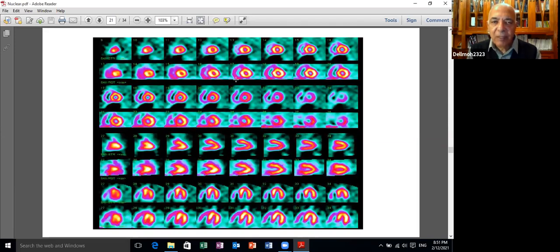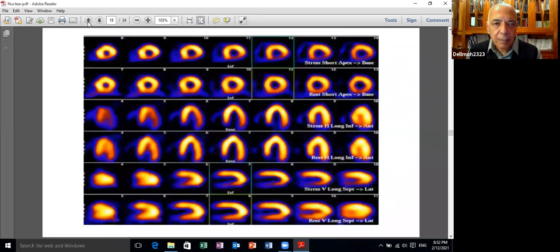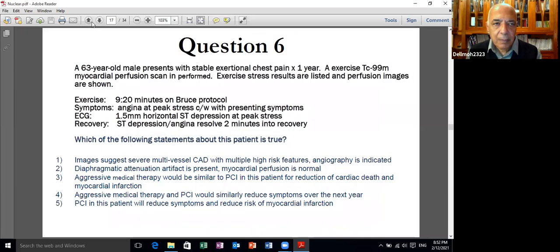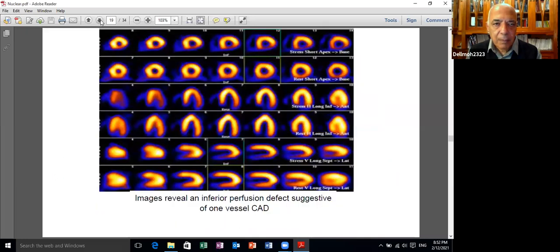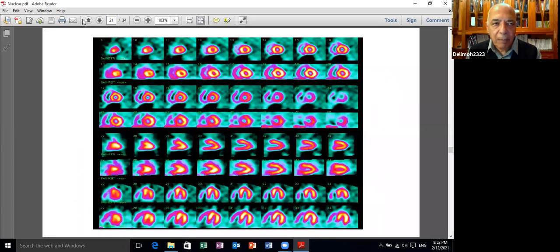But this is the right ventricle appearing during rest. Now, this is evidence of right ventricular hypertrophy. So the patient has cor pulmonale, he has a pulmonary problem, and the pulmonary problem results in cor pulmonale.